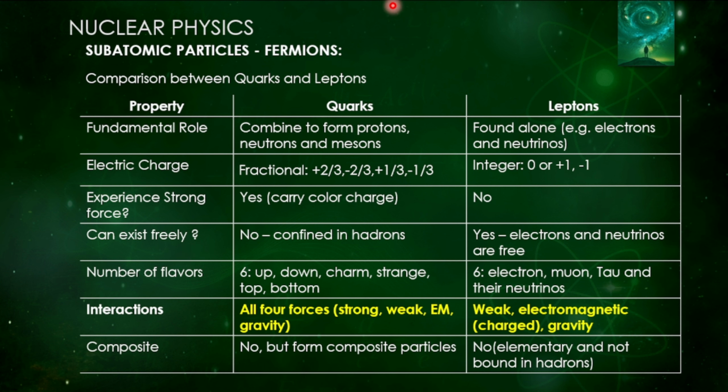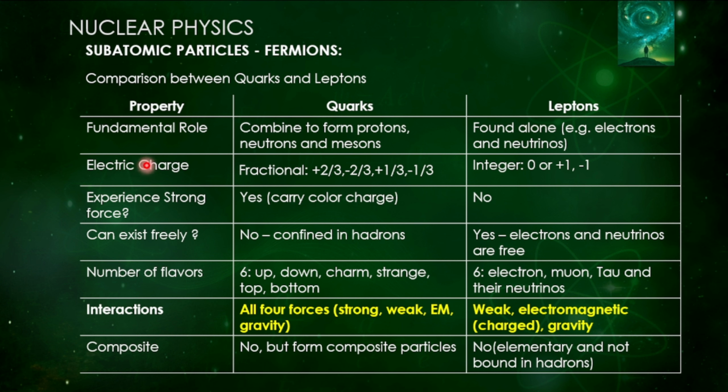Let's start with the fundamental role. Quarks combine to form protons, neutrons, and mesons. As for leptons, they can be found alone, meaning electrons and neutrinos can roam freely.